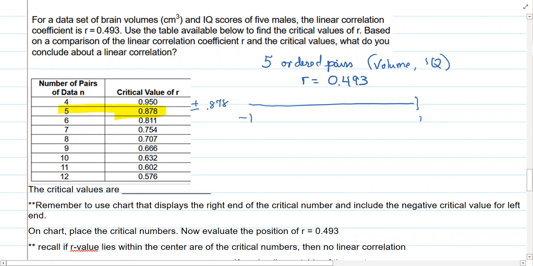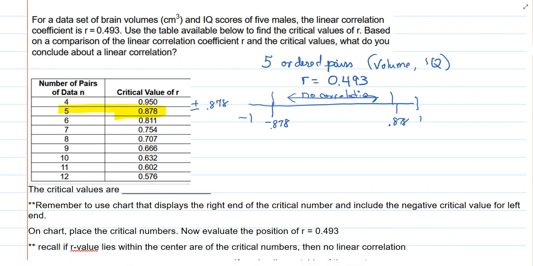Okay, so if I'm looking at this end, the -878, because it's less than that value, and over here it's the positive decimal 878, then anything that lies here has no correlation. It would have to be in this area here.